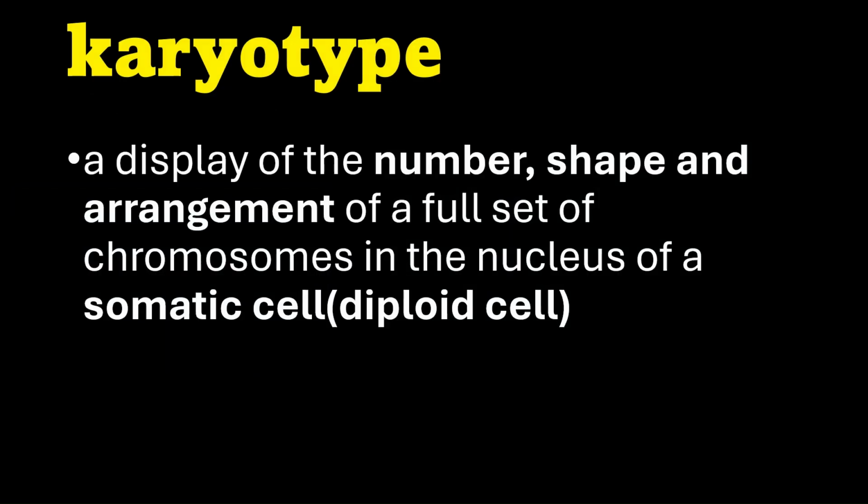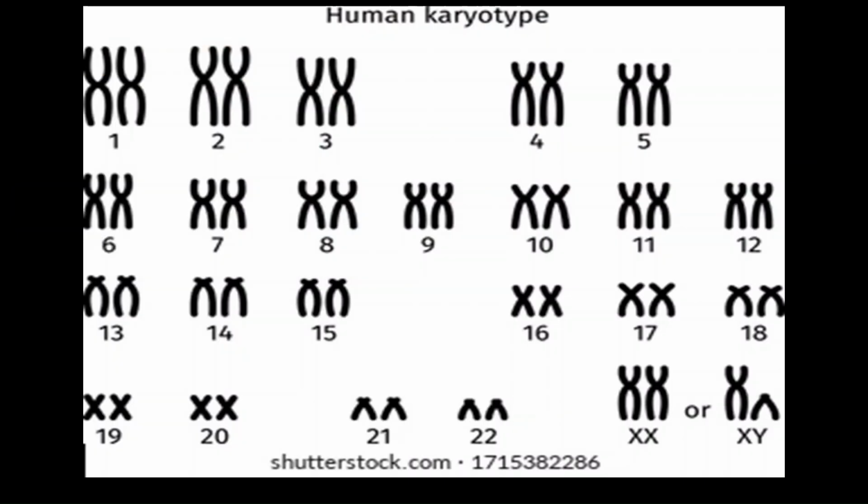Well, we are back to the terminology again, karyotype, and I hope you haven't forgotten, because it represents the display of the number, shape, and arrangement of a full set of chromosomes in the nucleus of a somatic cell. All somatic cells are automatically diploid cells.